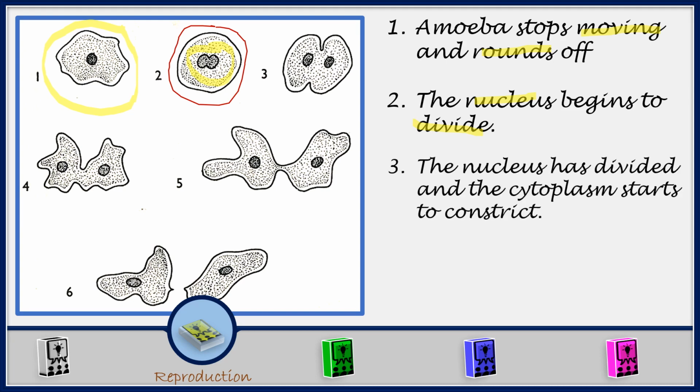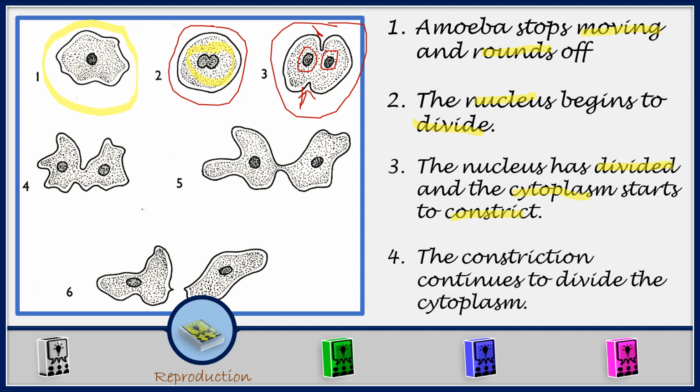Then in the third stage, the nucleus has divided into two nuclei, and the cytoplasm also starts to constrict and divide.